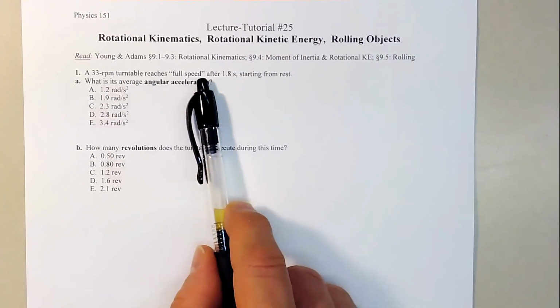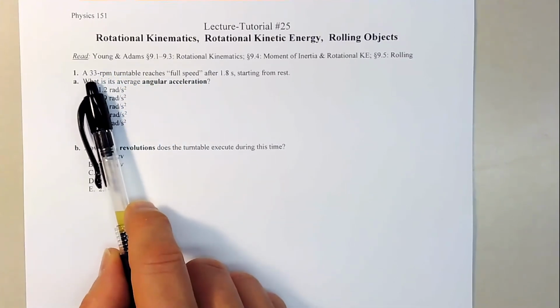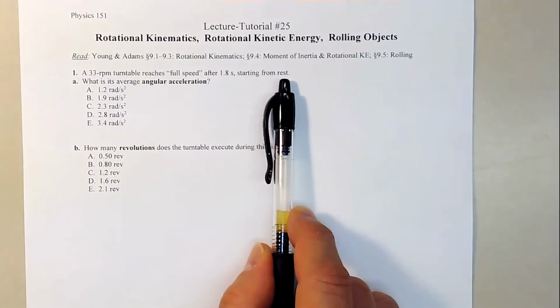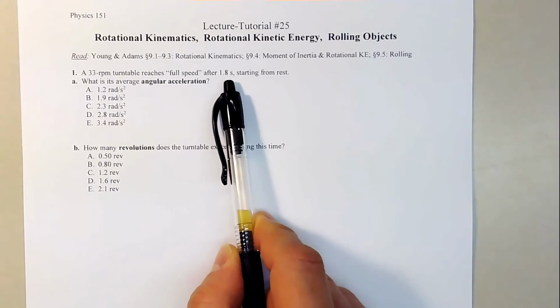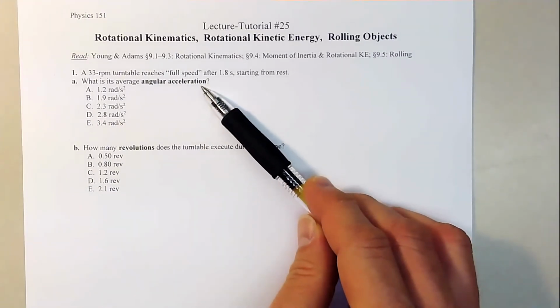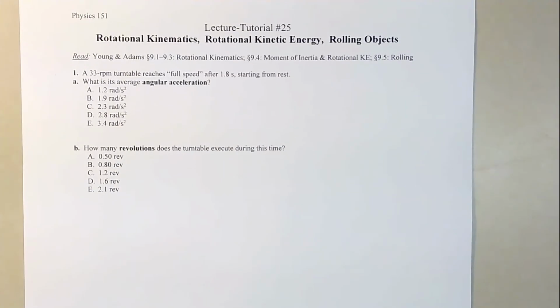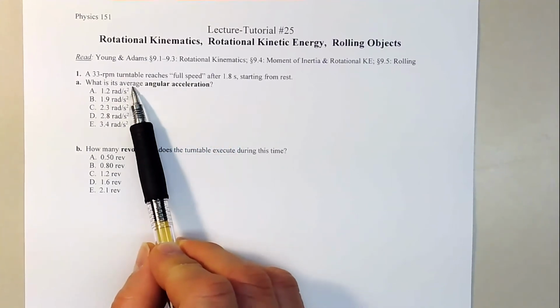All right, so that'll be the final speed. That'll be omega final after we convert it. And we know that starting from rest, so omega initial is 0, it takes 1.8 seconds to get up to full speed. So the first question asks, what is the angular acceleration of the object during that time, right? And let's assume that it's going to be constant, for example, okay?